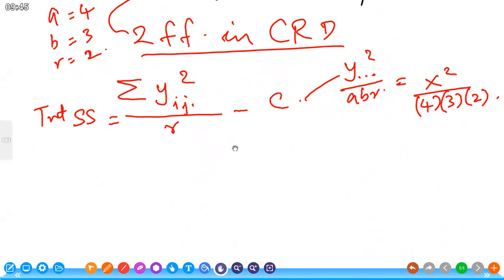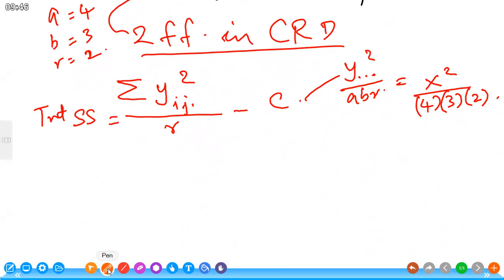So treatment, because you are experts on calculating CRD and RCBD, if you start with that, you can continue with this. That is the importance. Now you should be able to do it very quickly. Anyhow, I will explain this.